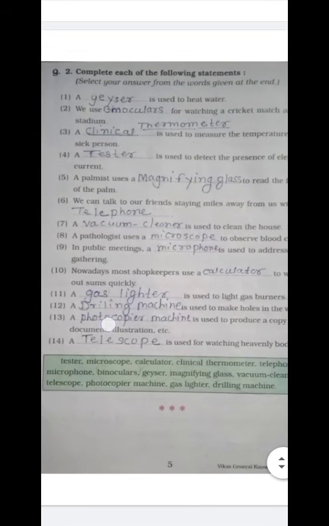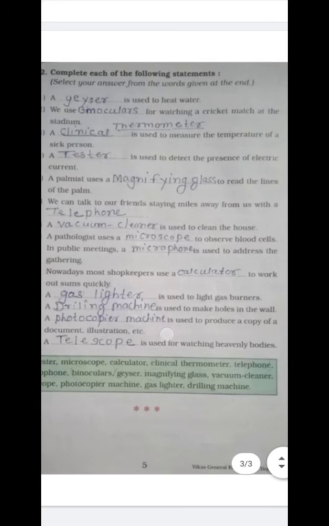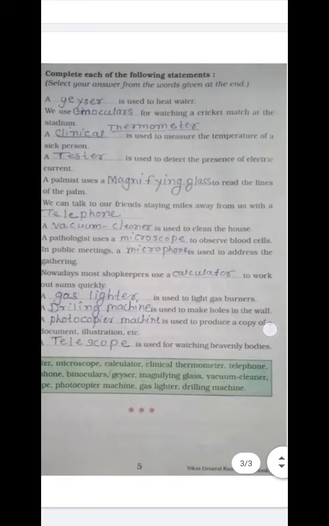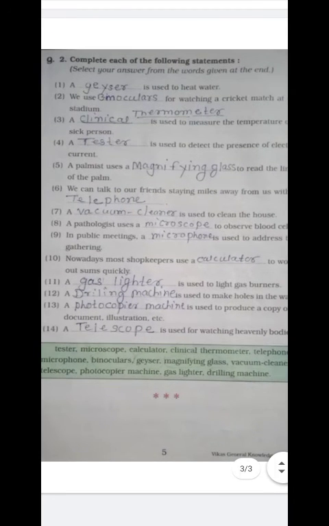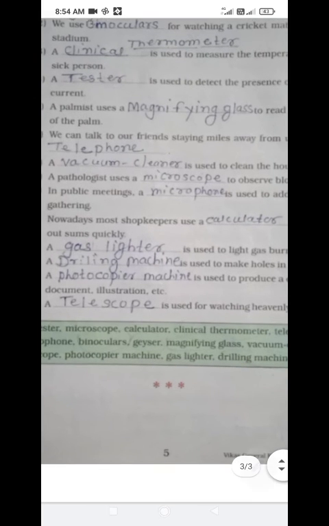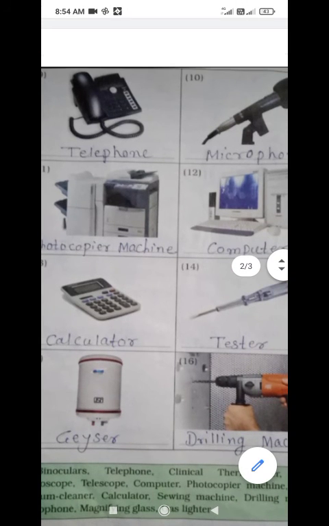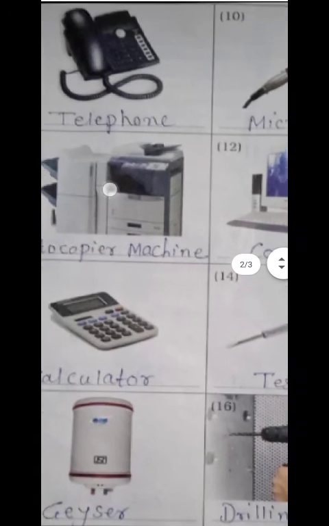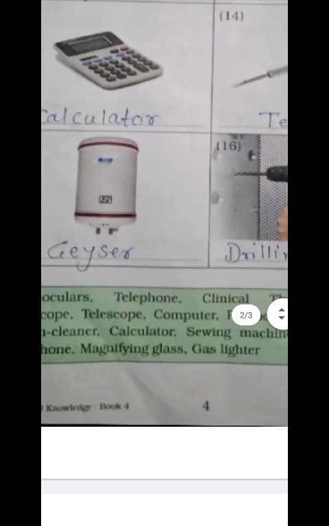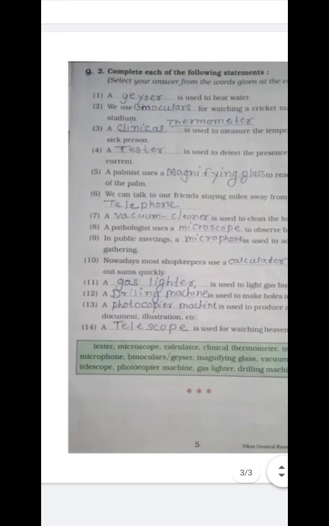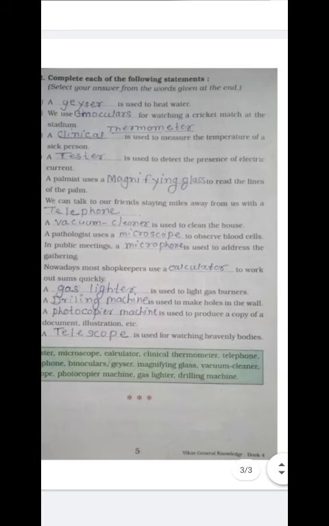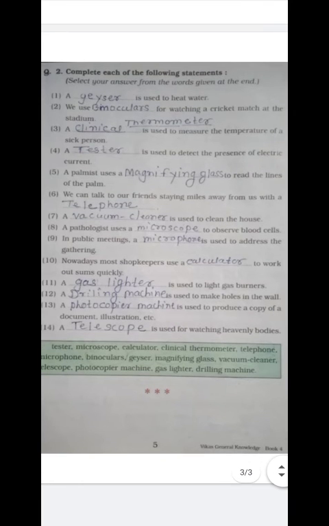A photocopier machine is used to produce a copy of a document, illustration, etc. Xerox machine or photocopier machine. This is a photocopier machine.